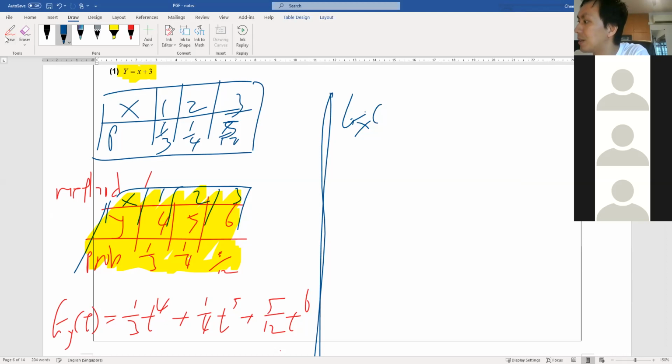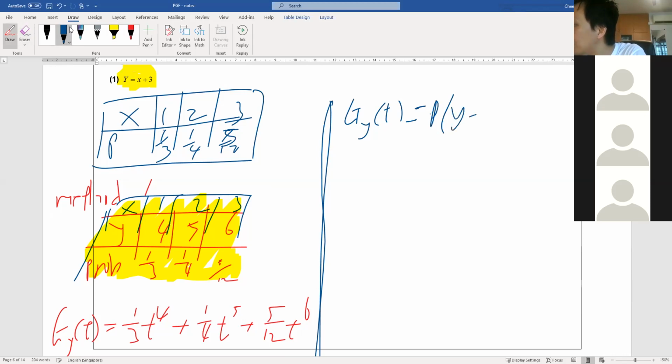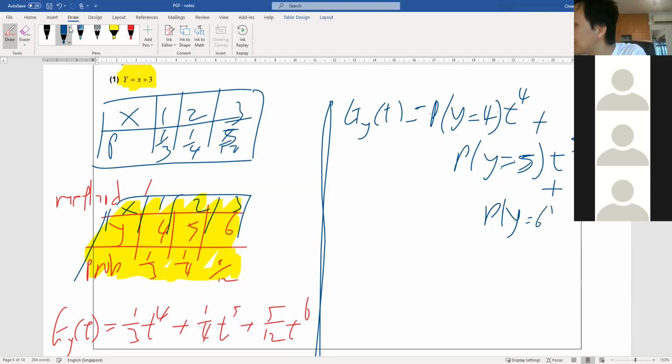From here we will just say G_Y(t) is equal to probability Y is equal to 4 times t to the 4, plus probability Y is equal to 5 times t to the 5, plus probability Y is equal to 6 times t to the power of 6.